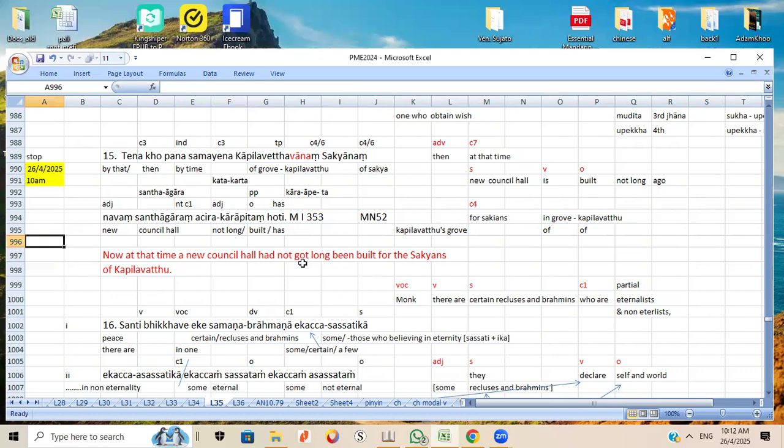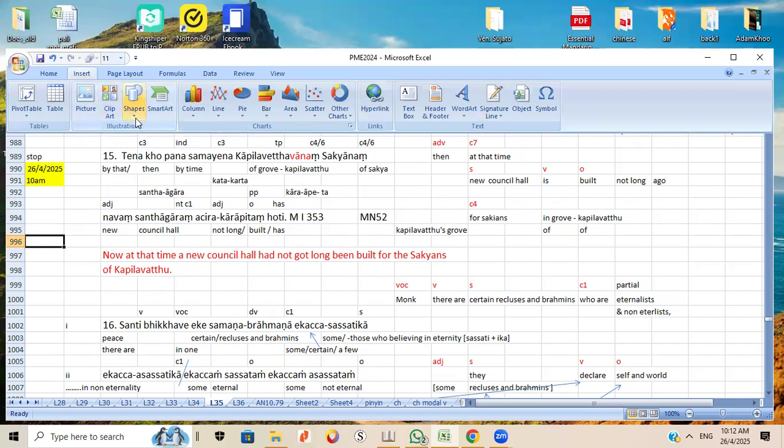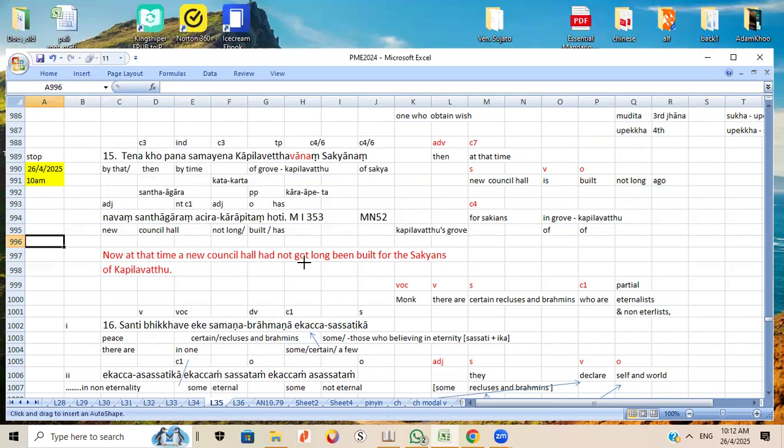You see the word he used is "got" and "build". This is technically describing the causative. Can you see? "Got" plus "been built": these two make the causative. So that is how you do a causative.